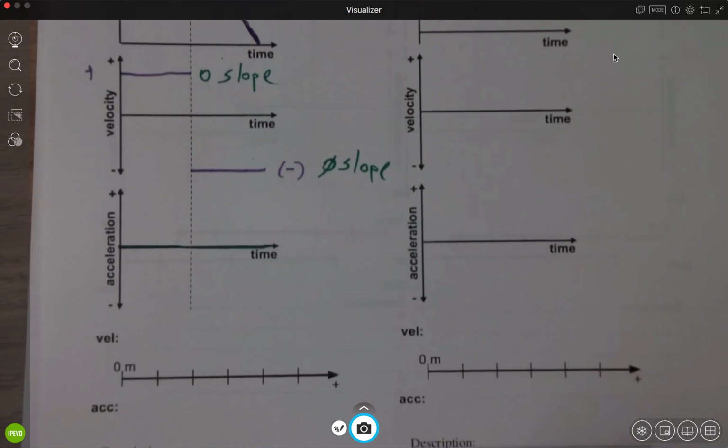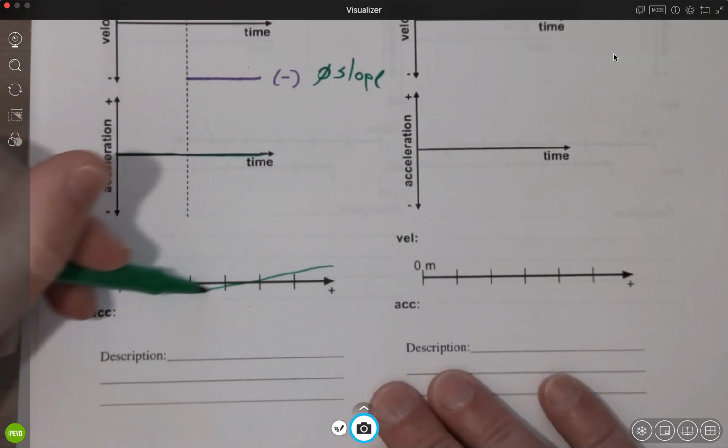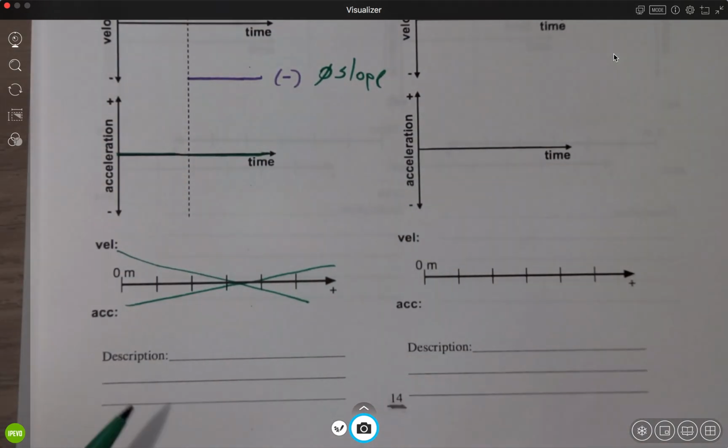As we do this, I don't want us stressing about this part here, but I do want us getting to the description.